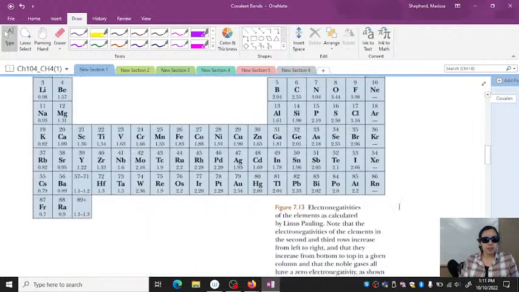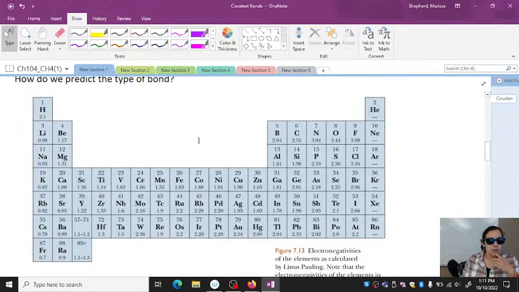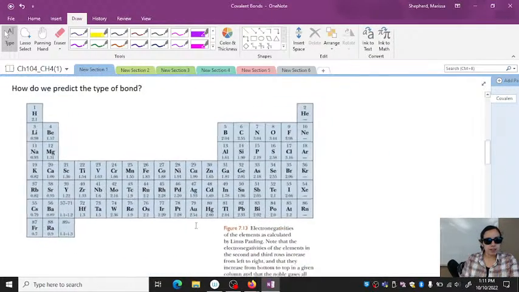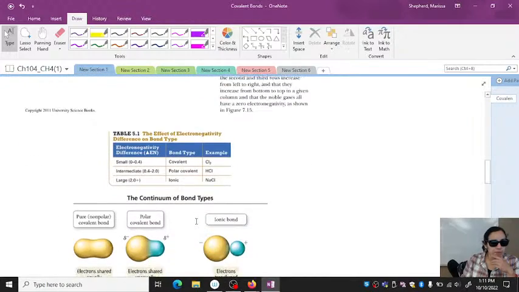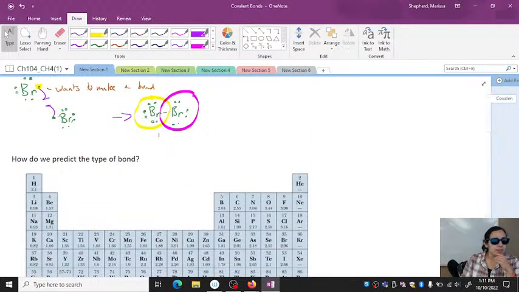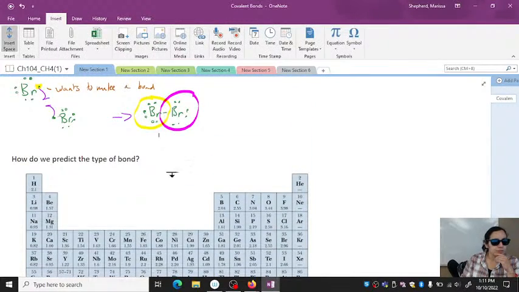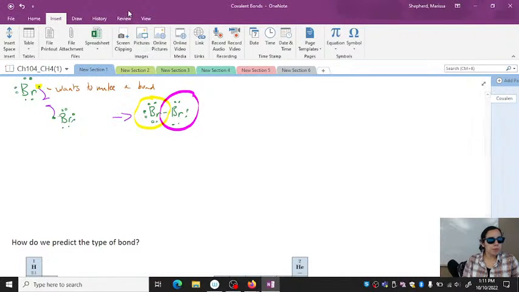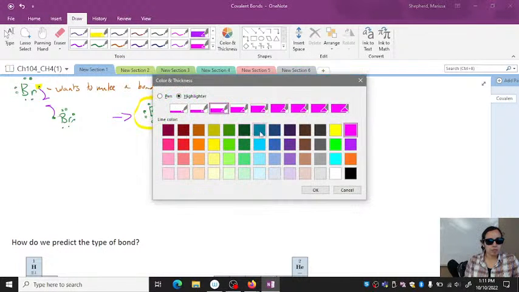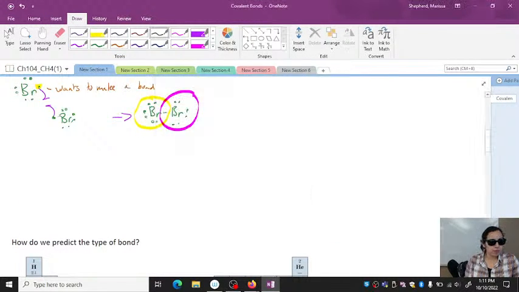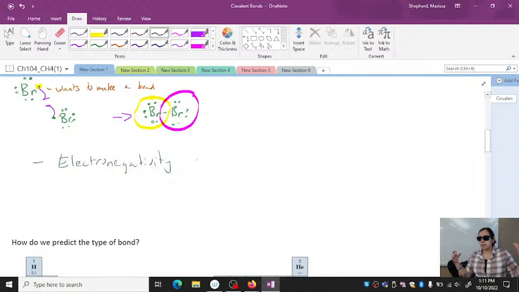Of electronegativity. So let's first define what it is. So electronegativity, the key point about this is a measurement of how much an atom is pulling in a bond.